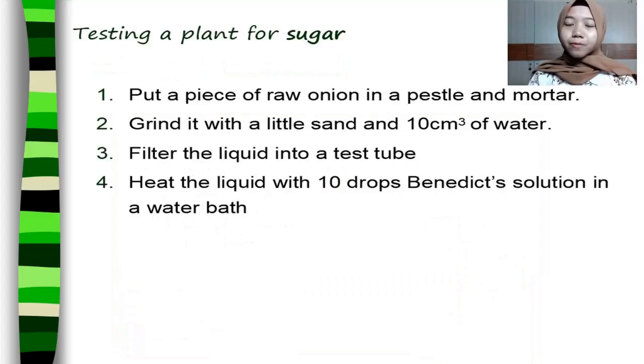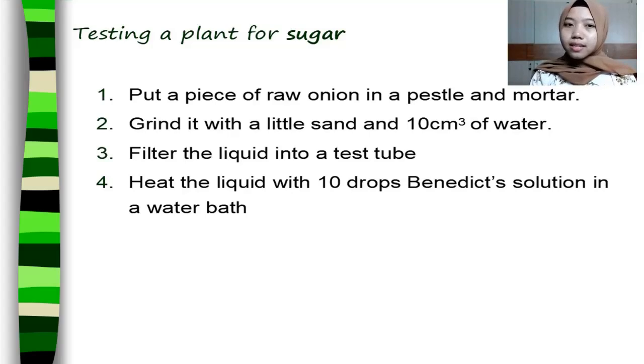Testing a plant for sugar. First step is put a piece of raw onion in a pestle and mortar and grind it with a little sand and 10 cubic centimeters of water. The third is filter the liquid into a test tube.